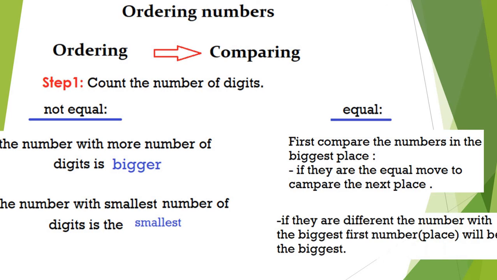And if they are different, the number that has the biggest digit in the biggest place, which is the first place, will be the biggest. Perfect. Now I know that all this is not clear yet, but with some exercises, everything will be very clear.